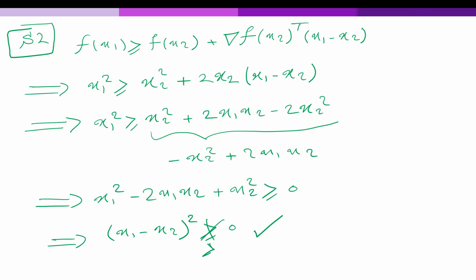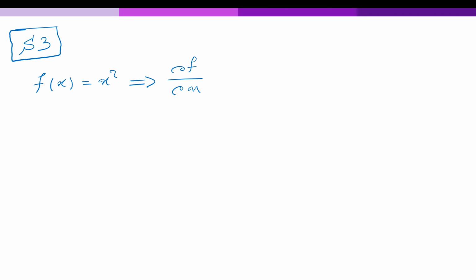Alright, next let's go to the next slide and use the third definition. I'm going to use color blue for this one. So S3. This will be short, so we have f of x equal to x squared, and we show that the partial derivative is 2x.